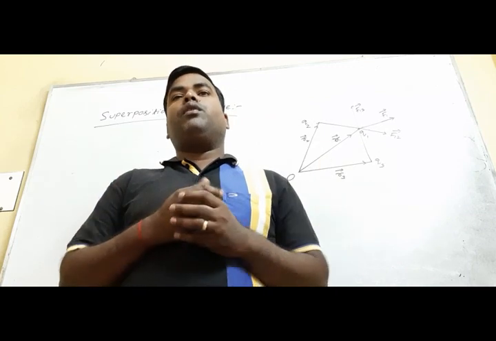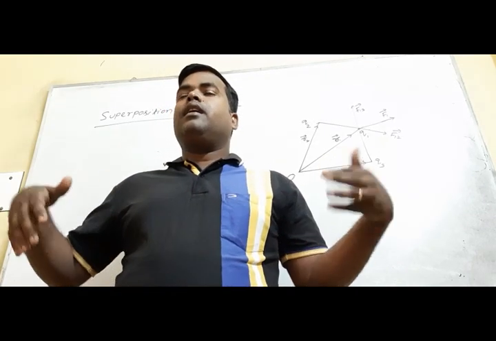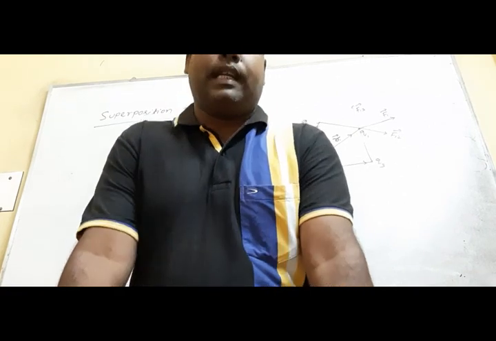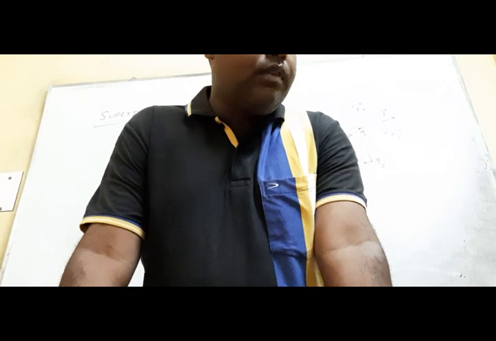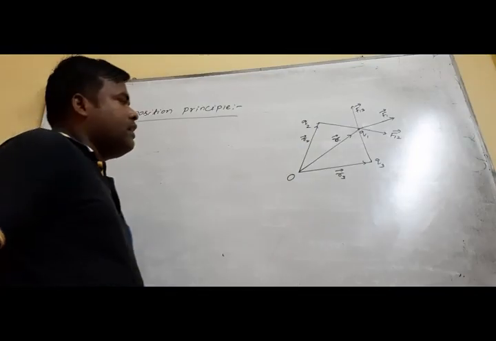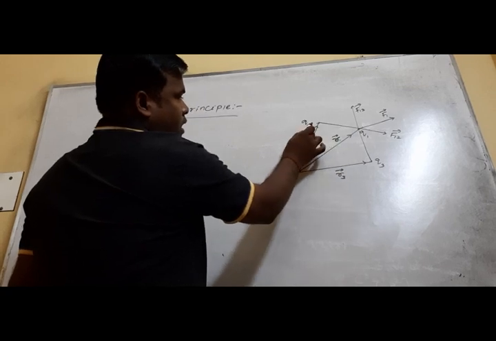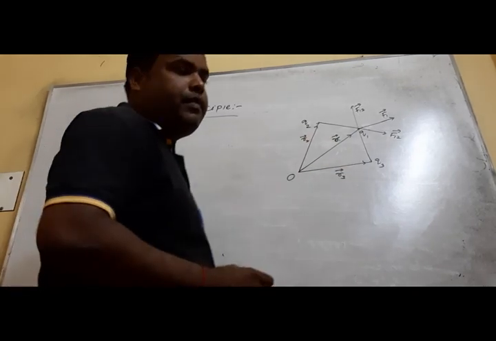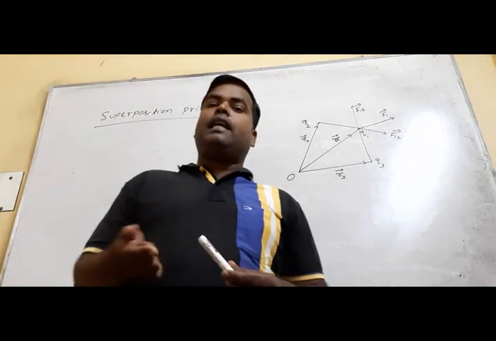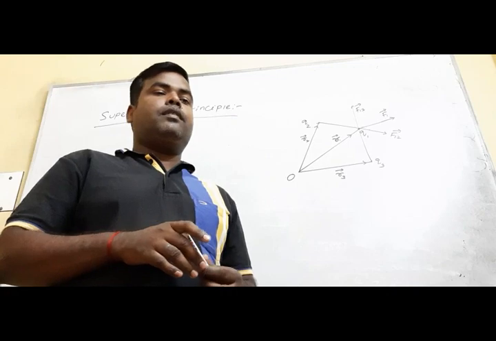For a multiple charge distribution, if there are more than two charges, suppose you take one example, there are three charges you see here, Q1, Q2 and Q3. You remember, a charge cannot exert force upon itself.